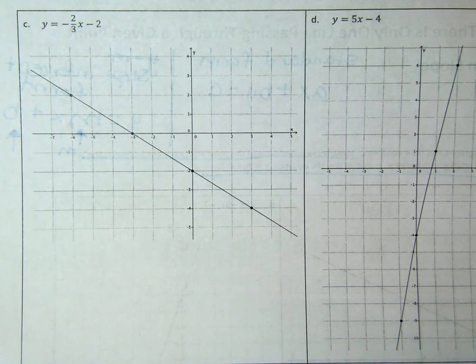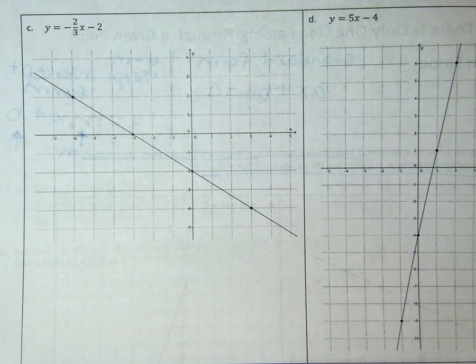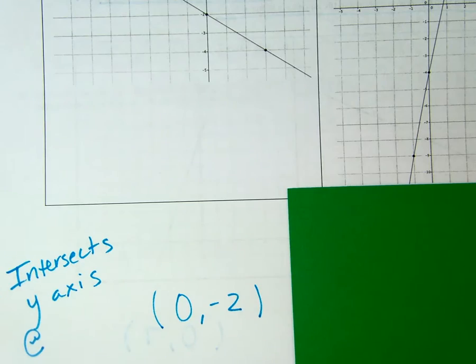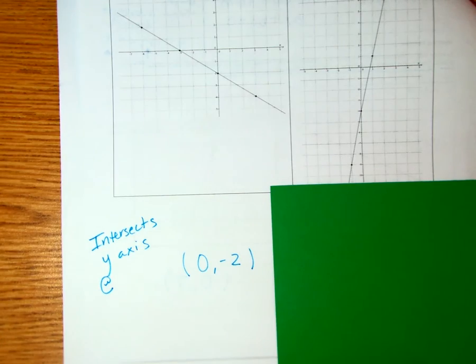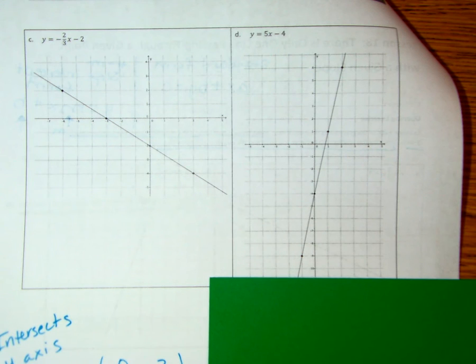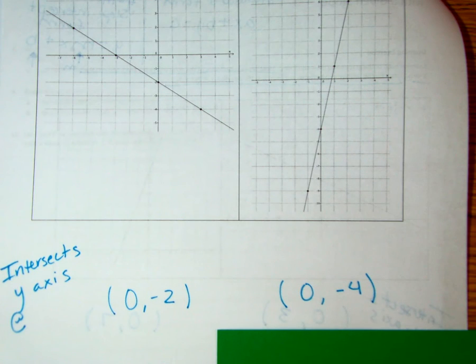Identify the ordered pair where line C crosses the y-axis. You should have that line C is going to intersect at the point 0 and negative 2. Same prompt, part D. Where does this line cross the y-axis? Yep, at 0 and negative 4.